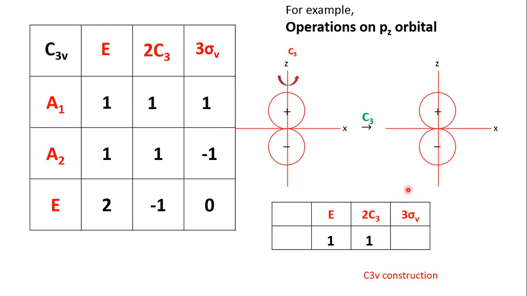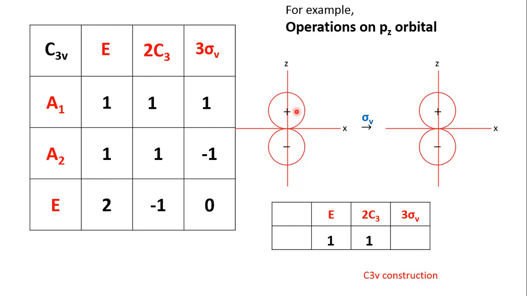Next we consider sigma v. In the case of the C3v point group it is along the z axis. If we keep a sheet of paper perpendicular to the screen over this line z, then that will be the sigma v plane, and to the left of it you find half of positive and half of negative.